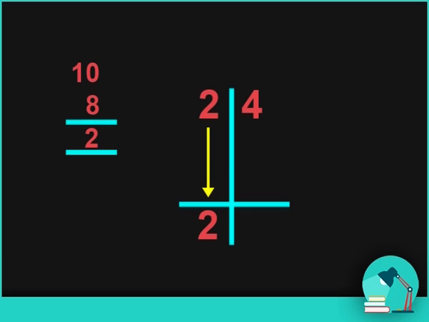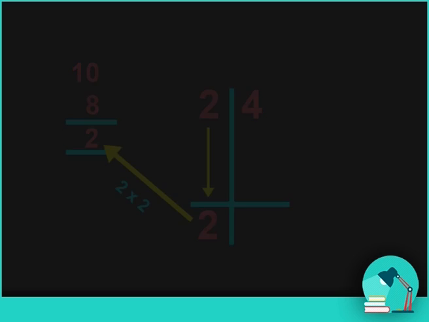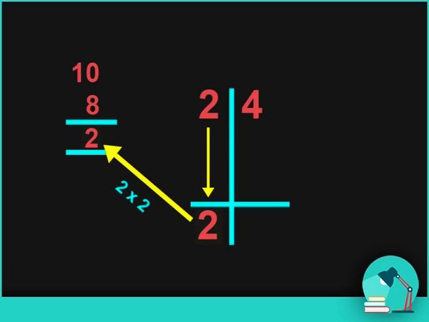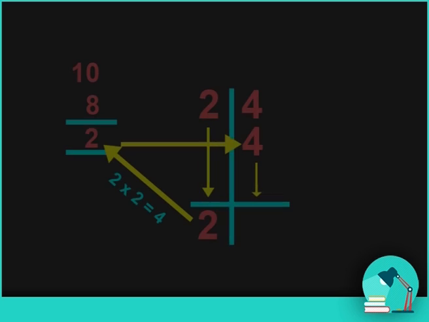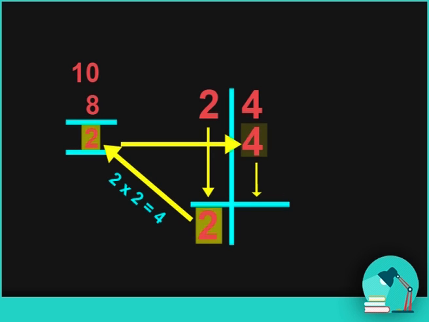In the first step, we will bring down the first digit, that is 2. Next, we multiply 2 with the difference 2. The product of 2 and 2 is 4, which is written below 4. The sum of 4 and 4 is 8.